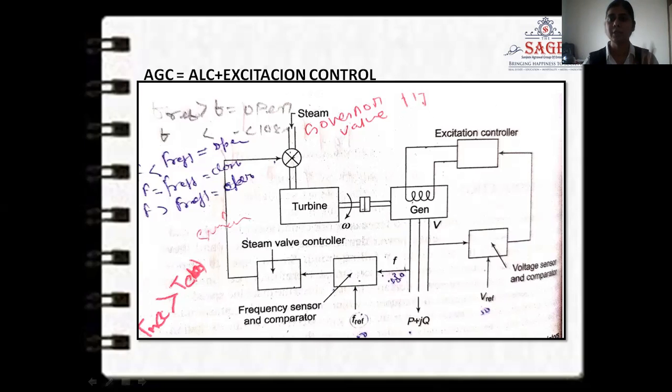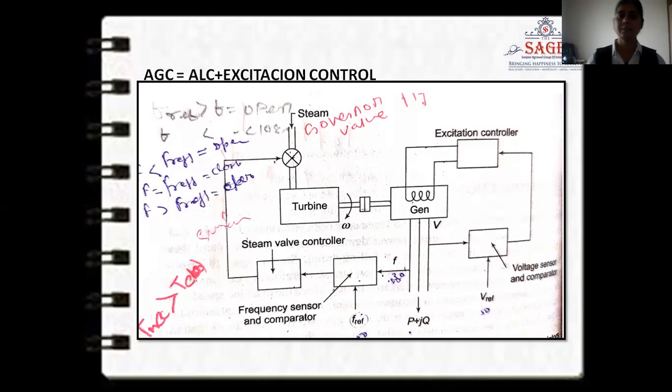For it, three operations are there. When we compare the main frequency F with the reference frequency, the operation of the steam valve opening depends on it. I am saying the three conditions are here.